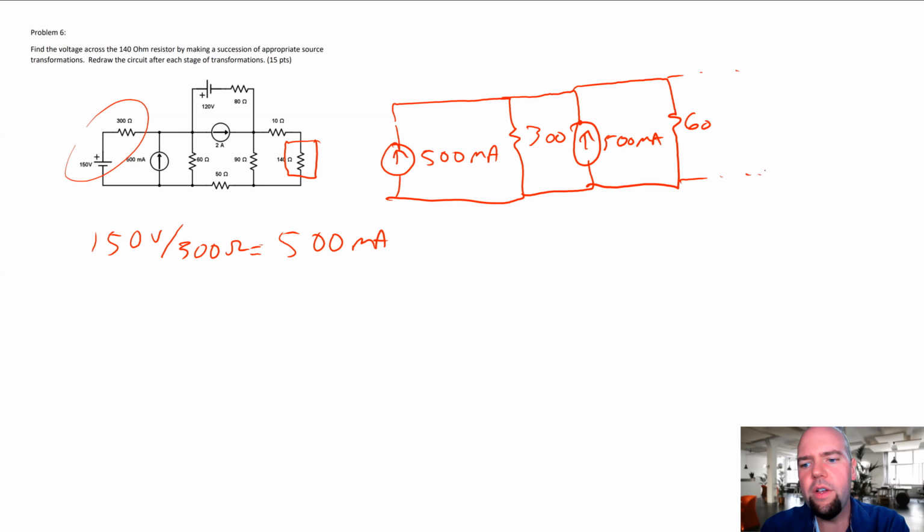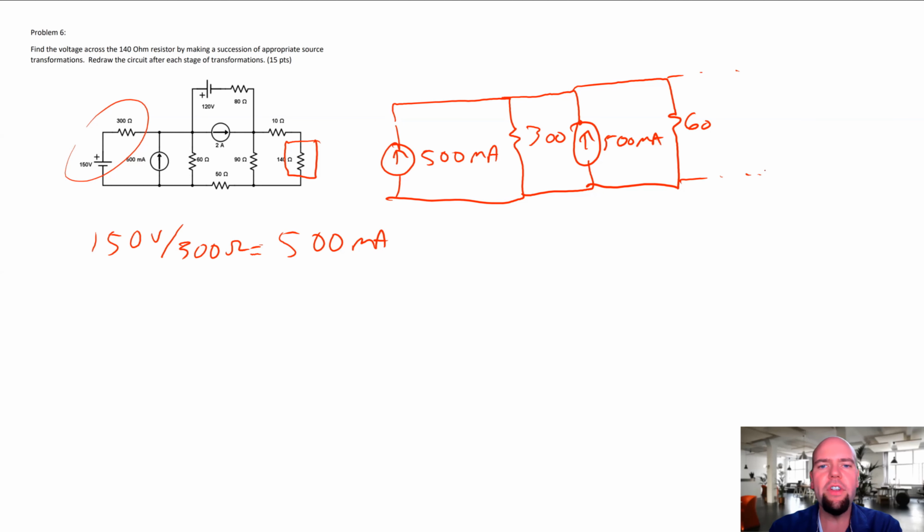When I say redraw the circuit, I'm not going to do that because I don't have enough space on this slide. But basically what I'm trying to get at is I don't want you to make too many transformations to the point where I can't follow your work.